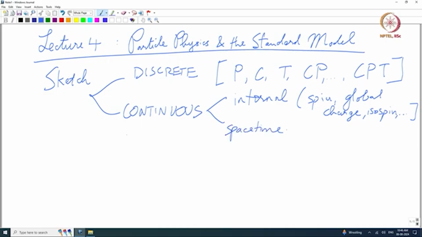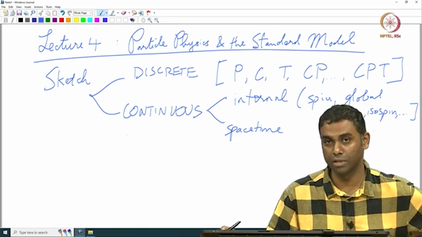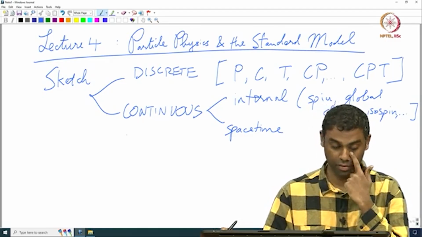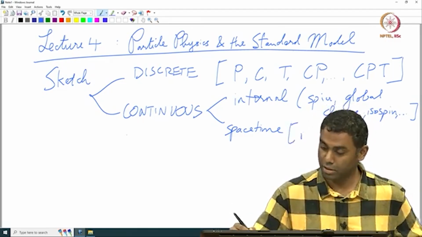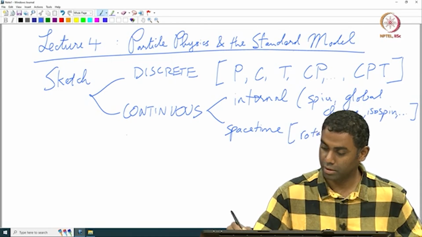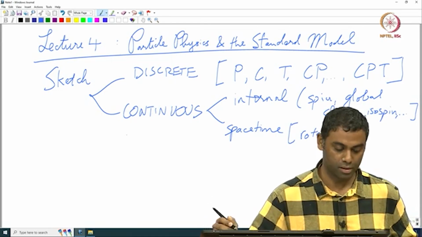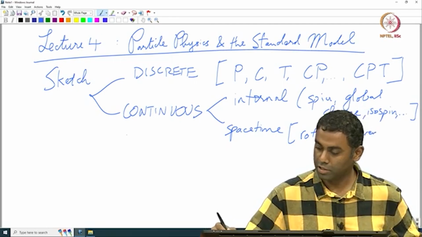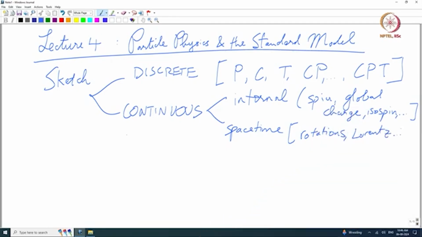The other kind of continuous symmetries we will be dealing with are space-time symmetries, right. For instance, rotations, Lorentz transformations, and so on. Transformations of coordinates that leave your theory invariant. That is the symmetry here.